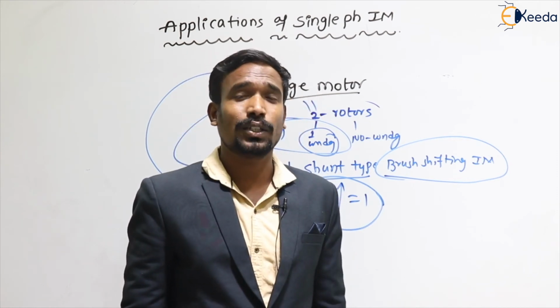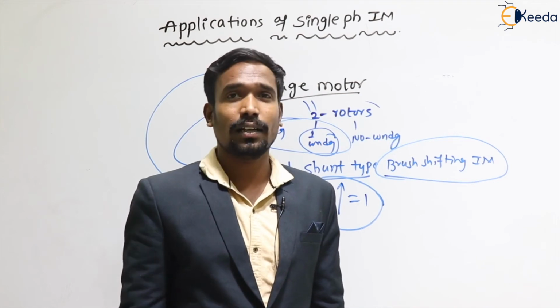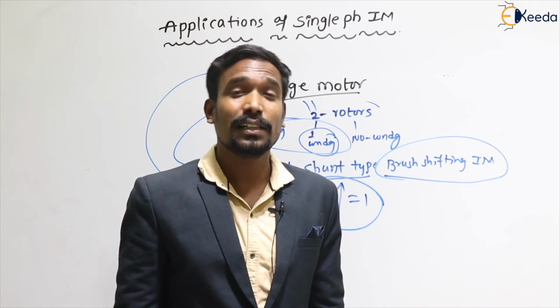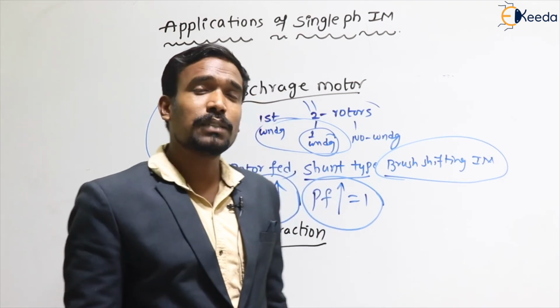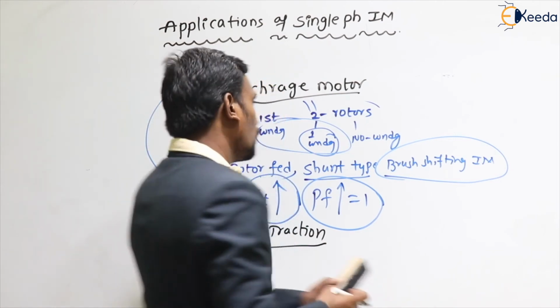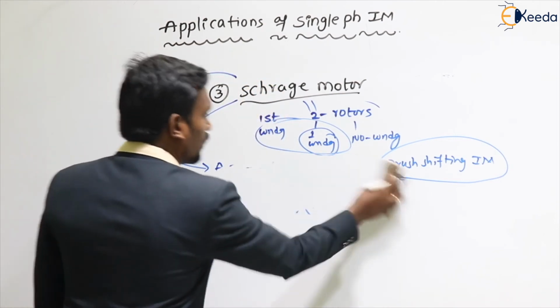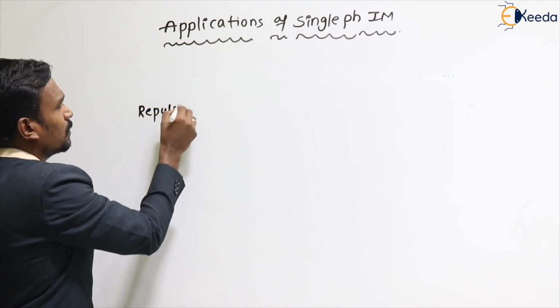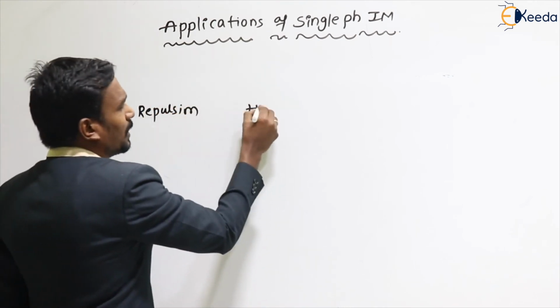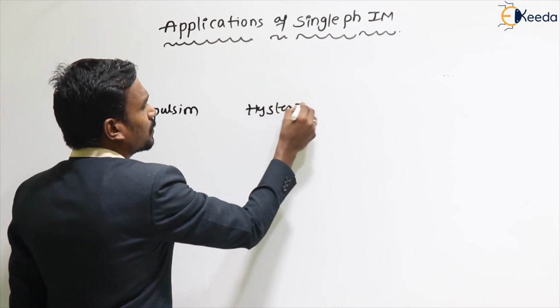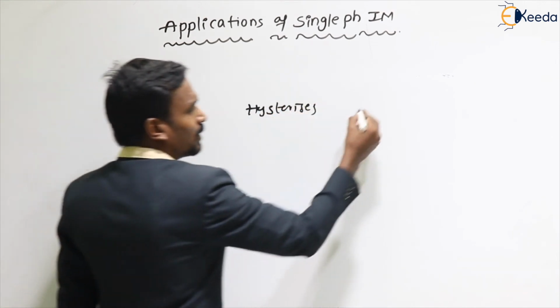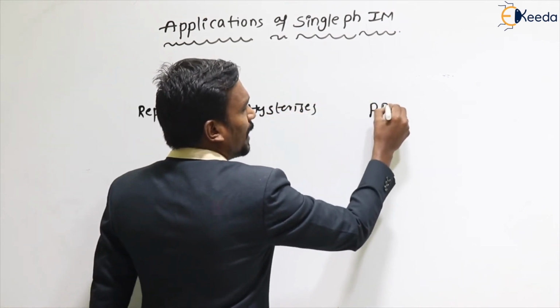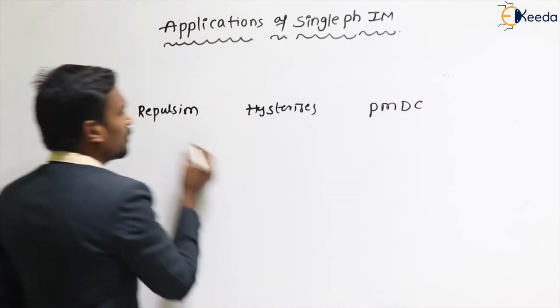Permanent magnet DC motor, hysteresis motor and repulsion motor. So I will draw here. One is the repulsion motor, the other one is the hysteresis motor, and the other one is the permanent magnet DC motor.